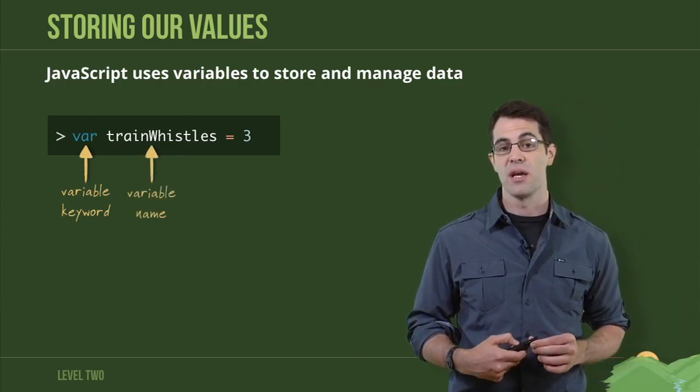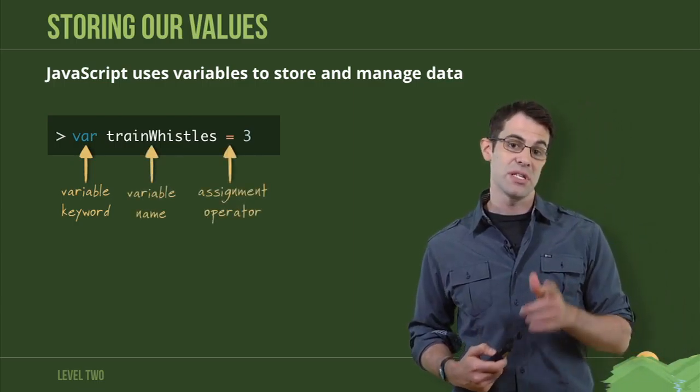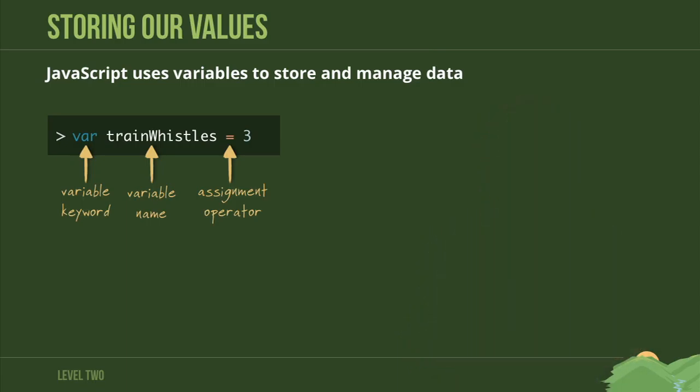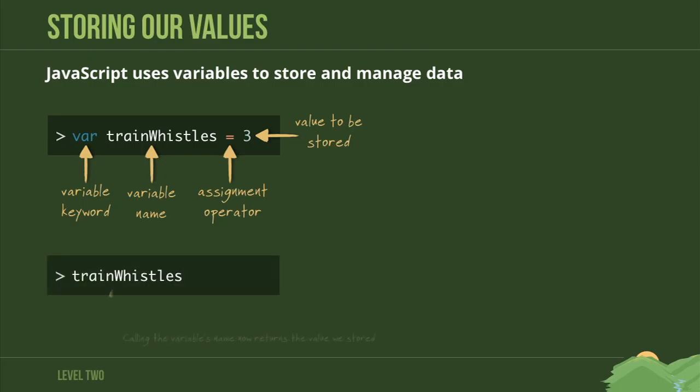The equal sign is the assignment operator. Notice that it's a single equal sign. And lastly, the value 3. That's the value that's going to be stored inside our variable trainWhistles. Now, when we call the variable trainWhistles, we automatically get a value of 3 returned to us.